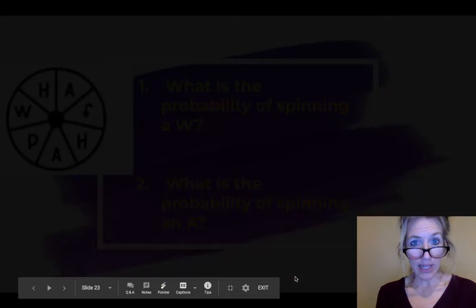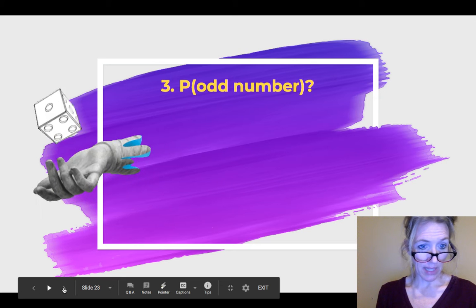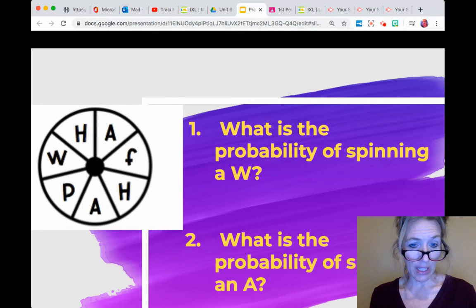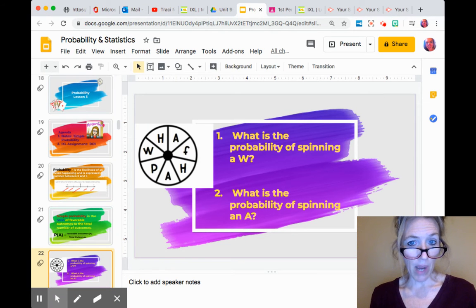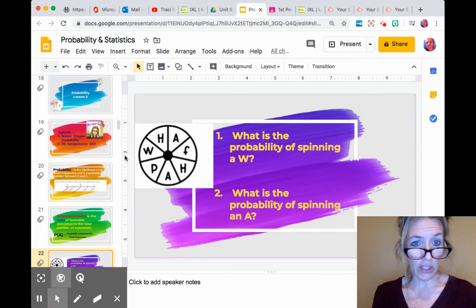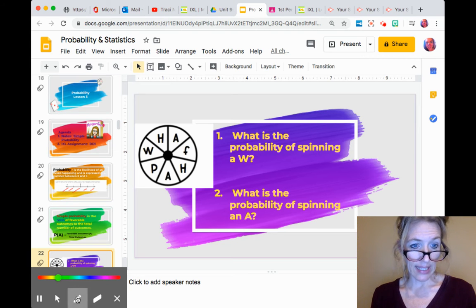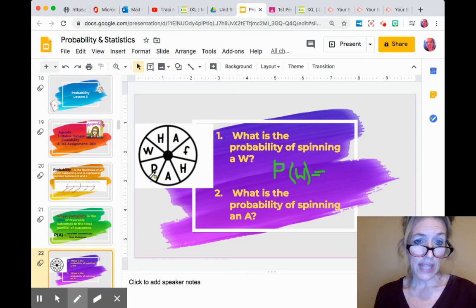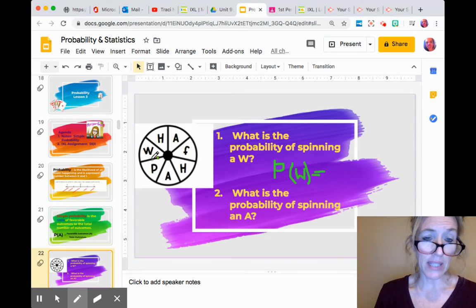Okay, so I'm going to go back and I need to grab a pencil so that I can do the probability of spinning a W. I want you to be looking here at this wheel, and we're going to calculate the probability of W happening. So I'm going to write capital P and then in parentheses, I'm going to write a W. The denominator is simply going to be how many total sections are in this spinner.